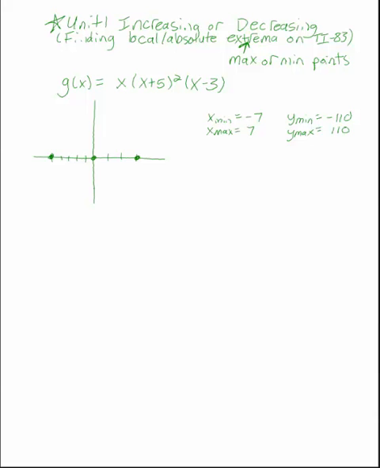And that fit all the important information, and I'll do a sketch of my graph. So there's my graph of g of x, and I've labeled in the zeros there. I'll write the coordinates in: (3, 0), (0, 0), (-5, 0).